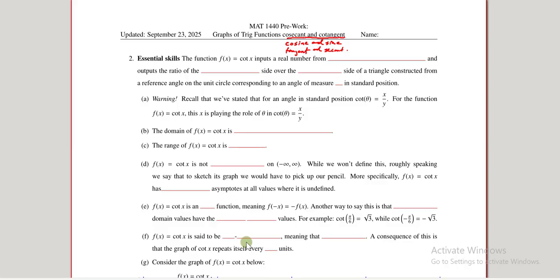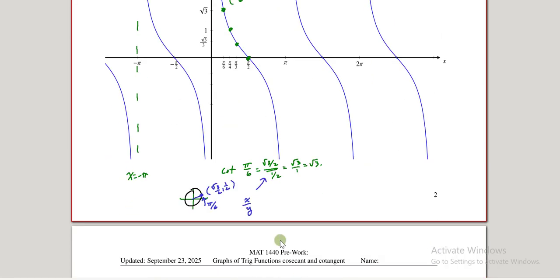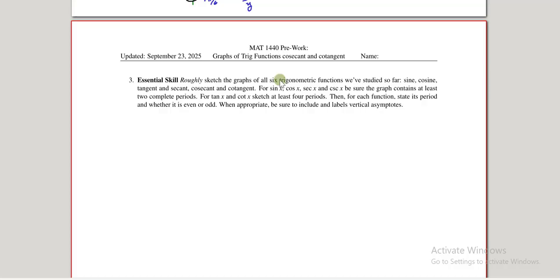The final thing I want you to do here is give a rough sketch of all six trig functions. So we want to sketch the sine, cosine, secant, and cosecant, sketching at least two complete periods of those, as well as the tangent and cotangent, sketching at least four periods of those. Just do rough sketches on your own.